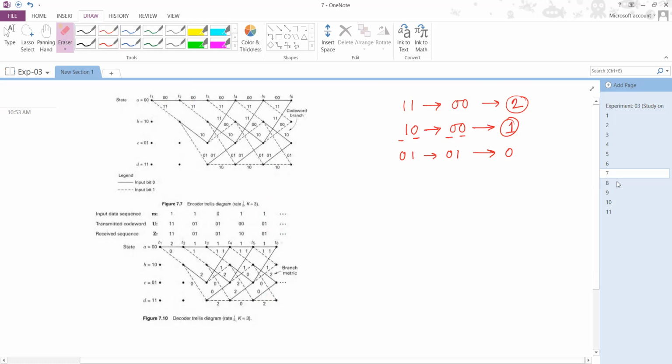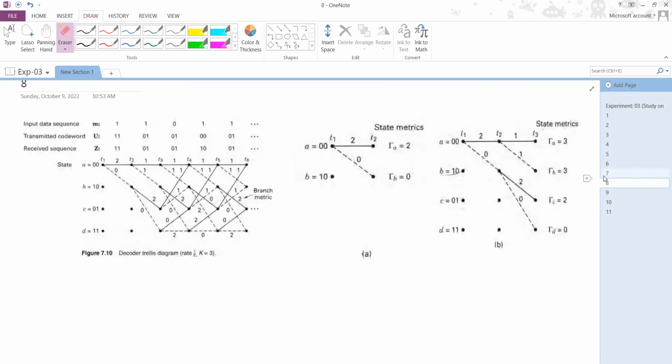Okay. So after representing all the Hamming distances, now what we have to do is find the distances of the state matrices which have the shortest possible path. This is our state matrices that is shown here.